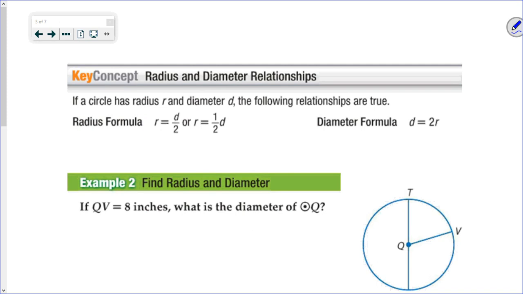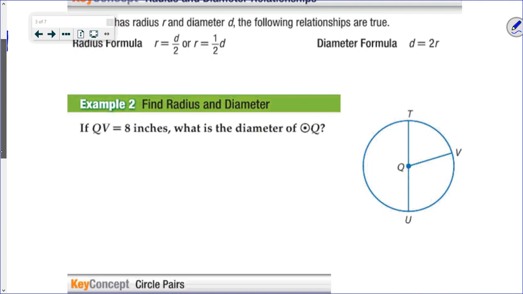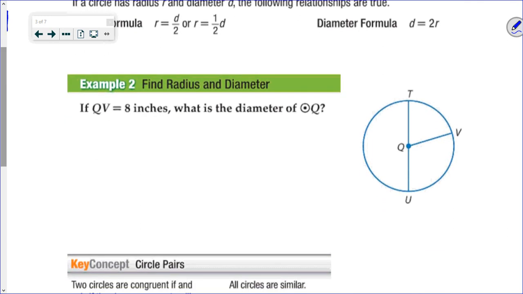So example 2, let's apply that relationship here. If QV is 8 inches, so QV is a radius of the circle Q, what is the diameter of Q? Again, use the fact that diameter is 2 times the radius.